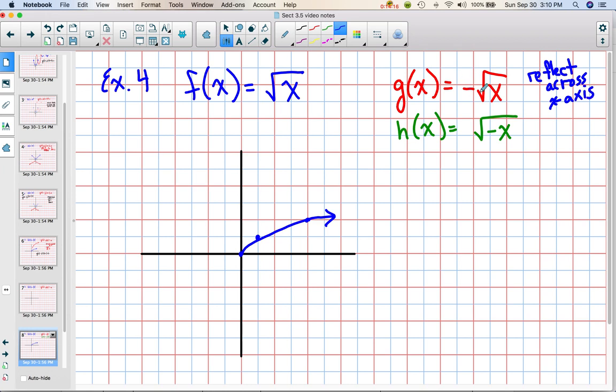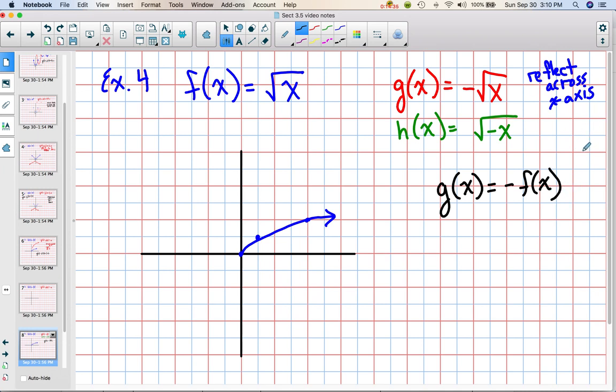And if you think about what this is saying, the relationship here is g of x is negative f of x. Okay, because we have square root of x is f of x. So g of x is negative f of x. So that's what that first one is that we're looking at.